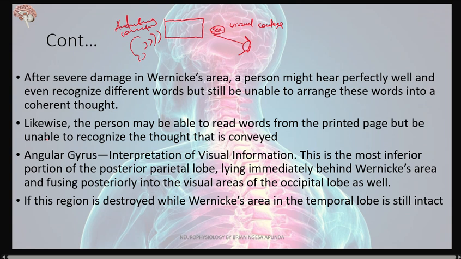But at the end of the day, what happens? Wernicke's has the ability to take these words in audio form, to take these words in visual form, and to code them in a way that makes sense, so that you translate them into thoughts.